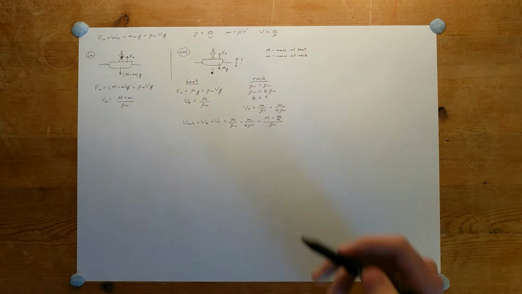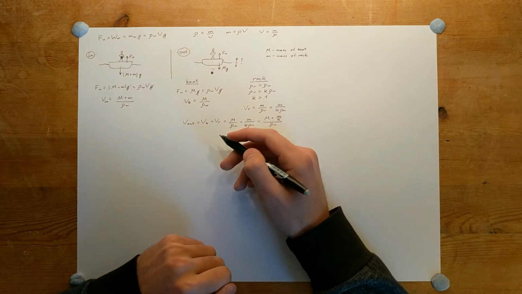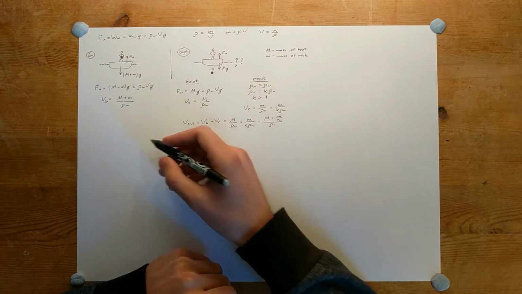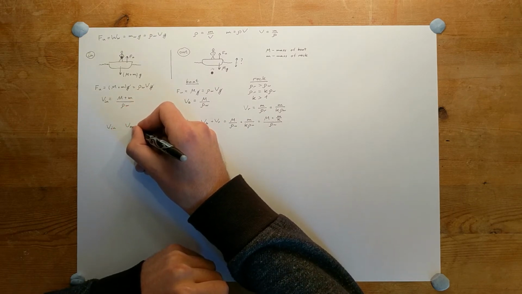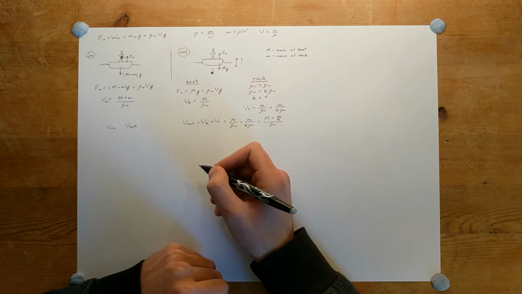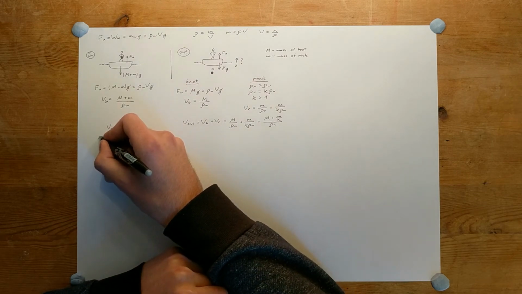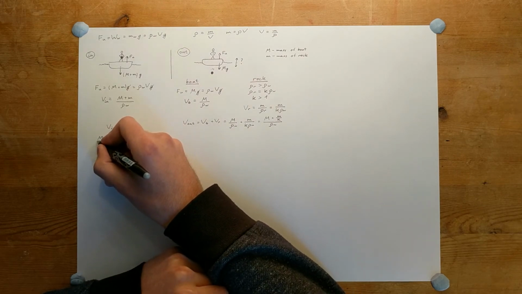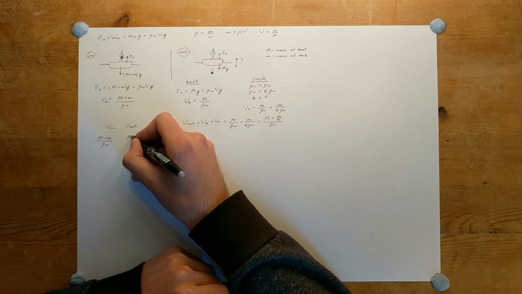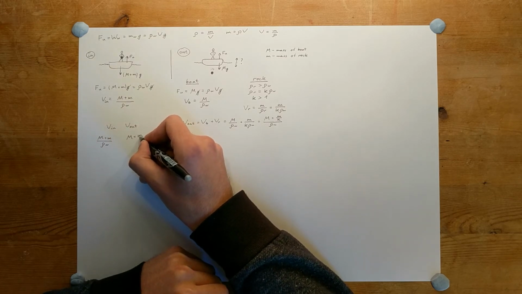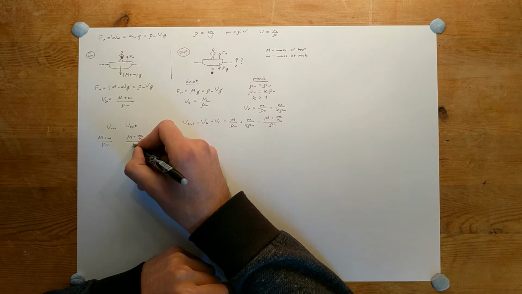outside the boat. And now we just need to compare these two volumes. So which one is bigger? The volume displaced when the rock is inside is this, and when it's outside is this.